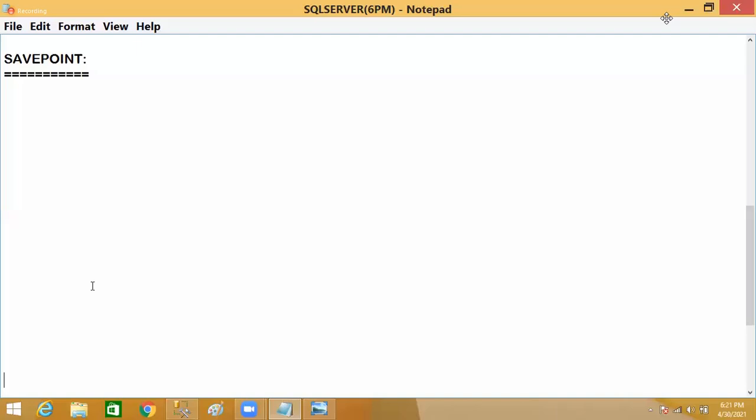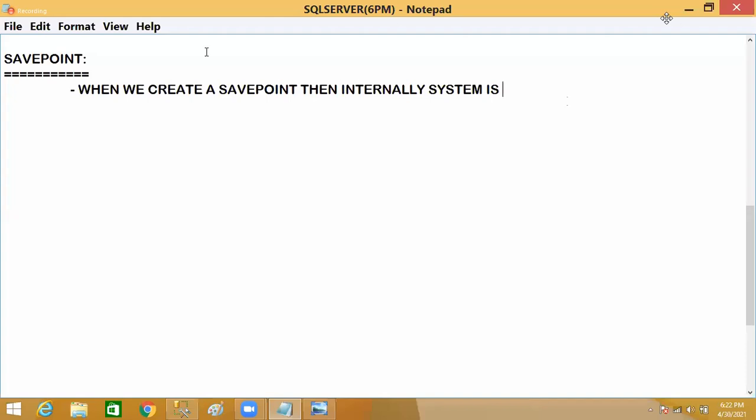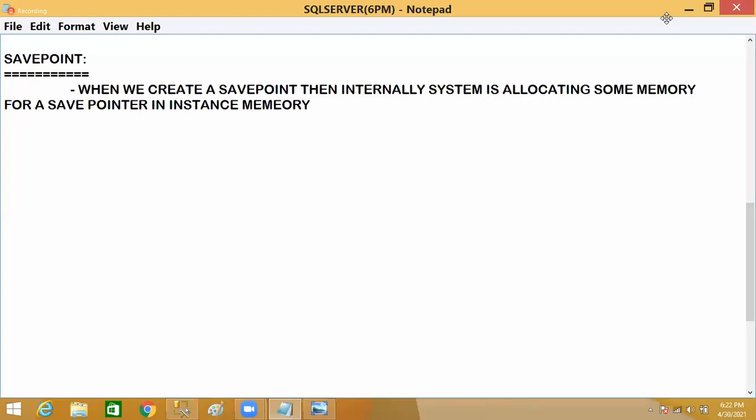Okay, let you see now. What happens when we create a savepoint? When we create a savepoint, internally the system is allocating some memory for a savepoint in the instance memory location.